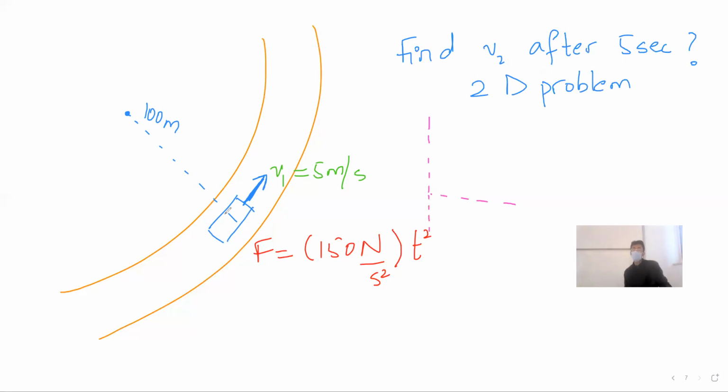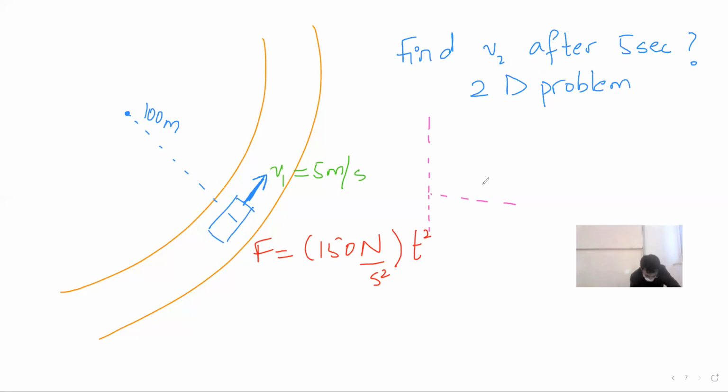Right at this point, the person put the foot on the accelerator. The force is 150 Newton per second square multiplied by time square. So the time starts now. After 5 seconds, what will be the velocity, if at this point the velocity is 5 meters per second?